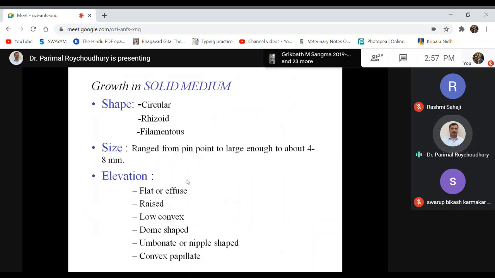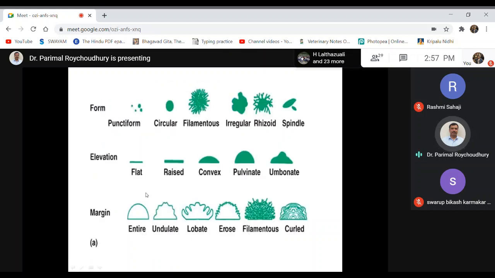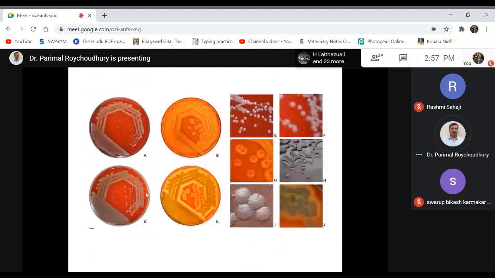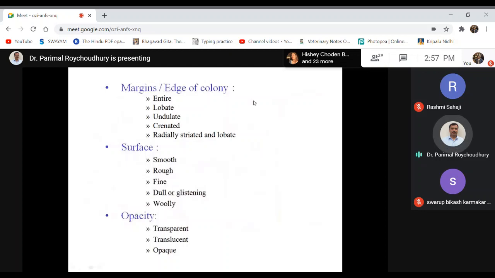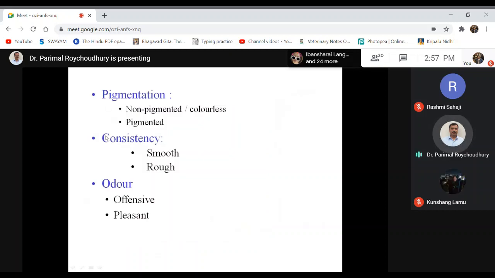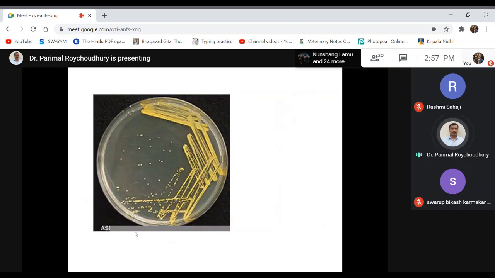After inoculation of the bacteria in the solid medium, we study the shape, size, elevation. Then we study the margin or edge of the colony, the surface, then opacity. Then we talk about the pigmentation, consistency, odor. So these are the things that we record while studying a culture plate.